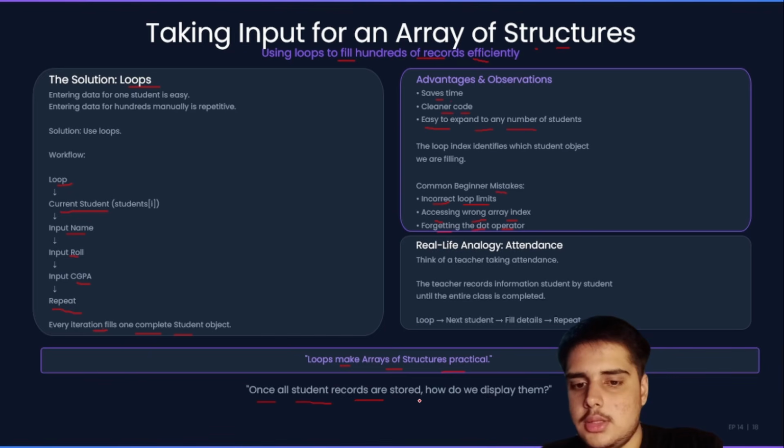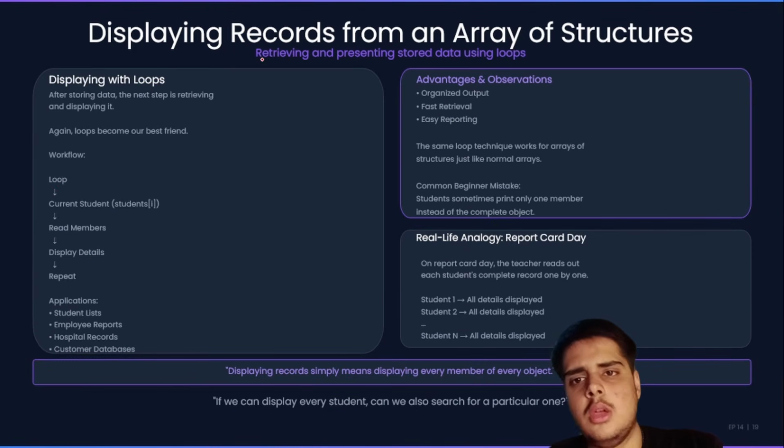Once all student records are stored, how do we display them? Displaying records from an array of structures: retrieving and presenting stored data using loops. So after storing data, the next step is retrieving and displaying it. Again loops become our best friend.